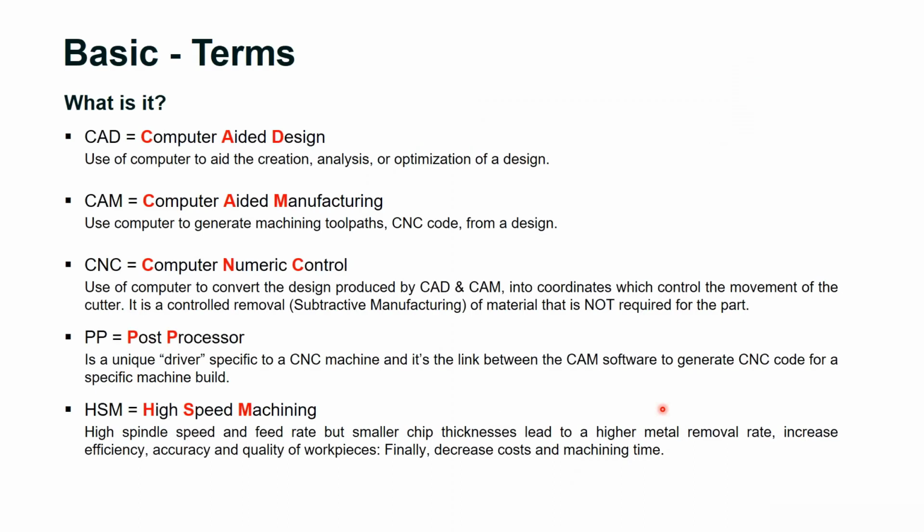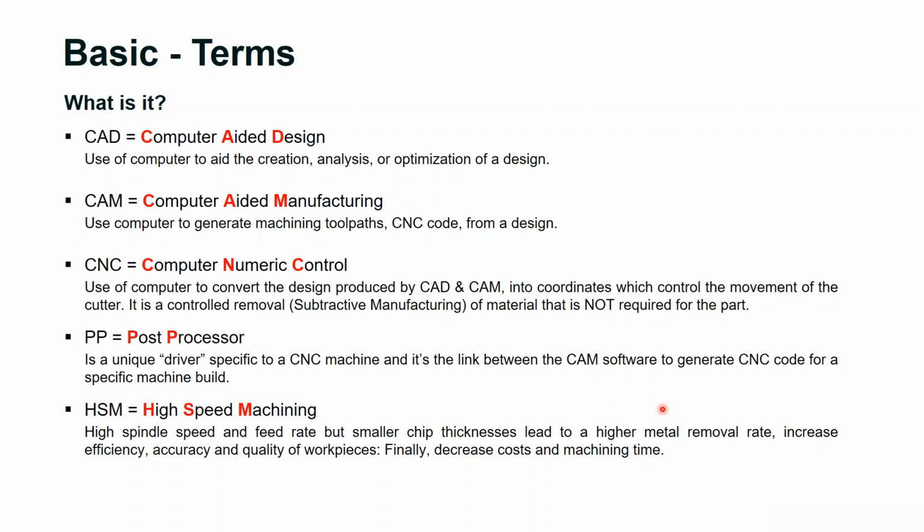As you all know, CAD stands for computer-aided design. When we have a computer and make some kind of CAD model or wireframe model, that's what we call CAD software. CAM software is computer-aided manufacturing software, where we convert the CAD model into a toolpath or a turn path.